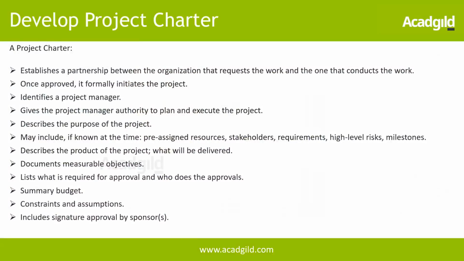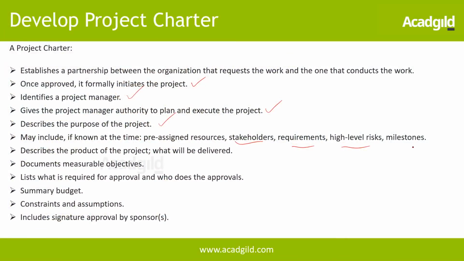Now in the subsequent slides, we'll be looking at the details of each and every input, tool and technique, and output. Here let's look at what a project charter is all about. It establishes a partnership between the organization that requests the work and the one that conducts the work. Once approved, it formally initiates the project, identifies a project manager, gives the project manager authority to plan and execute the project, and talks about the purpose of the project.